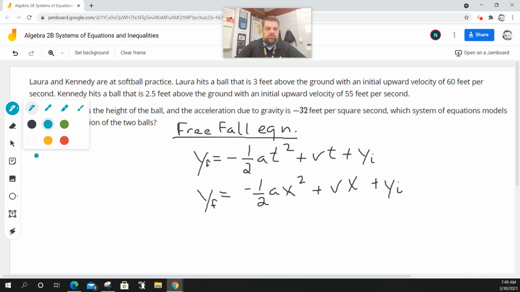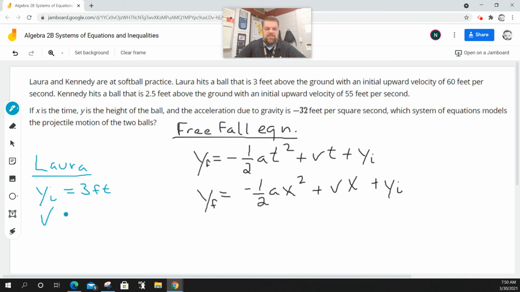So for Laura, it says that her initial position is 3 feet, and she has an upward velocity of 60 feet per second. And her acceleration, both these are going to be 32.